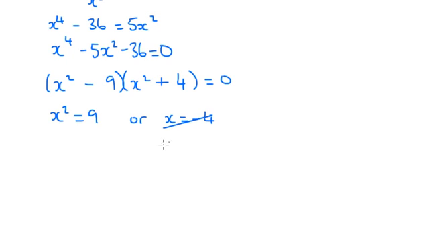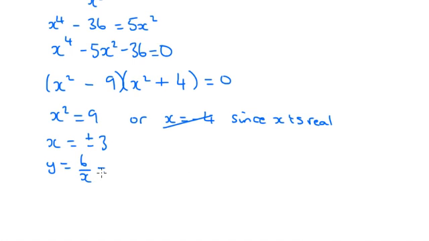It can't equal negative 4 though, because x has to be real. So it can only equal 9, and therefore x is going to be either 3 or minus 3. Y was 6 over x, so y is either 2 or minus 2.